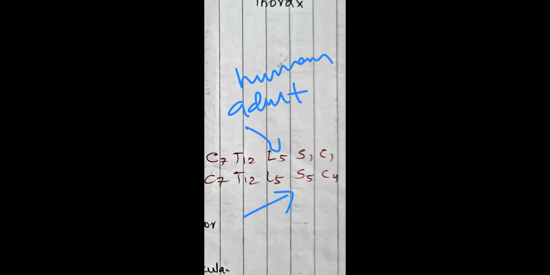ये वाला किस में दिखता है फिर? C7 T12 L5 S5 C4: 7 cervical, 12 thoracic, 5 lumbar, 5 sacral, and yes, Zanil is right, Gallagher is right, C4, coccyx 4.